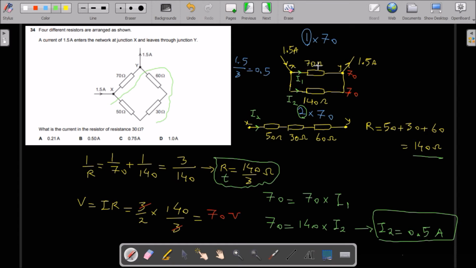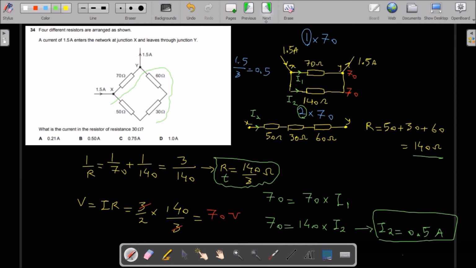It means current for 70 ohm. So 2 times 0.5 is equal to I1. 1 times 0.5 gives you I2. So without calculating total R and also potential for parallel, you can find current easily. This is also a second method to do that. But this long method is better because you don't make a mistake.